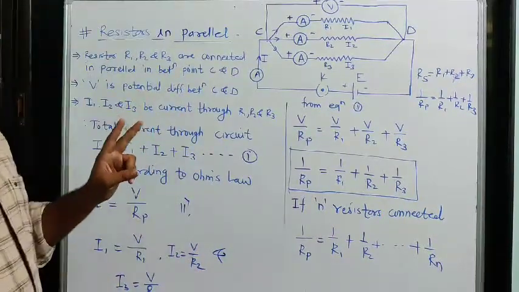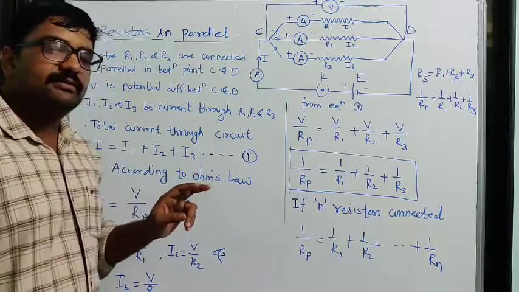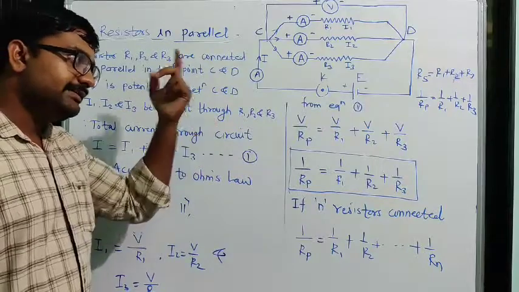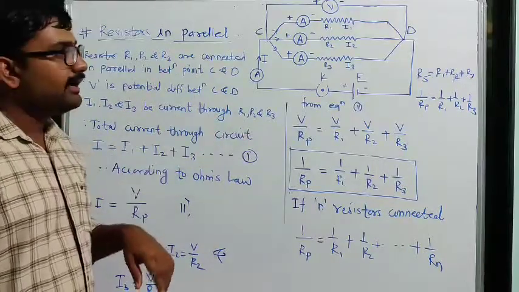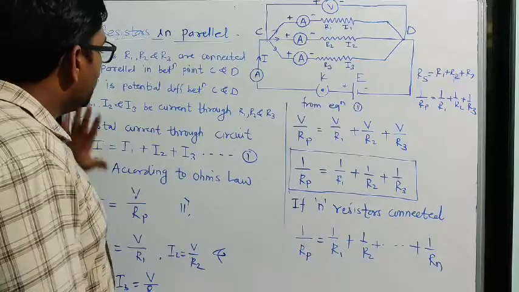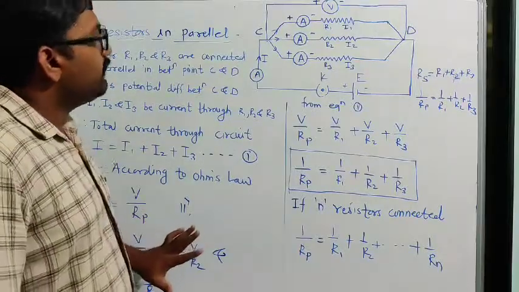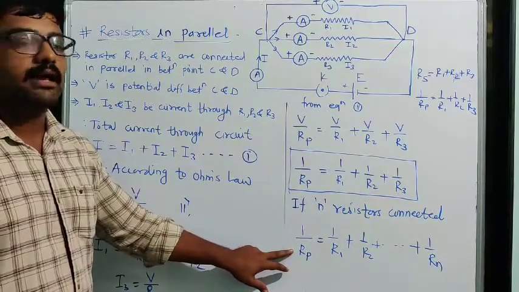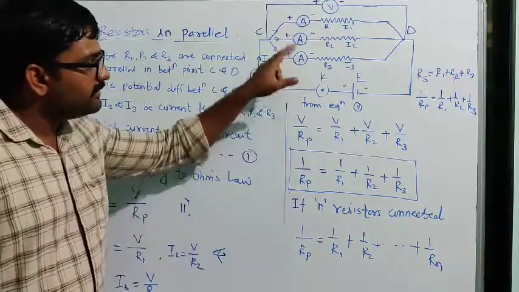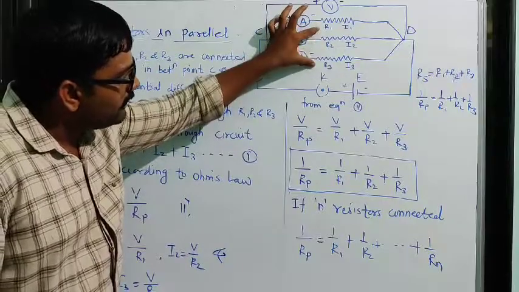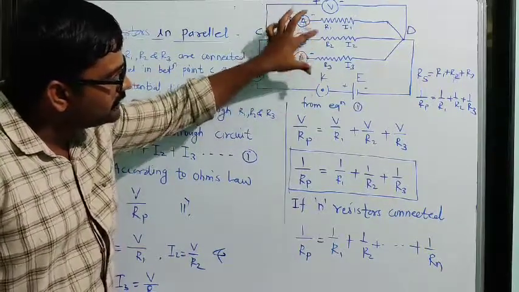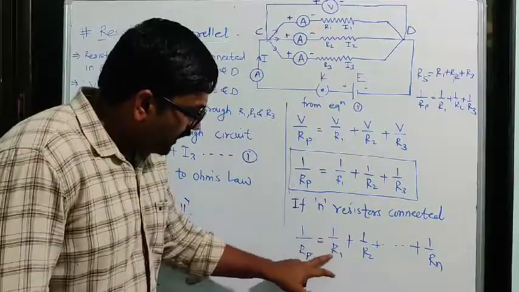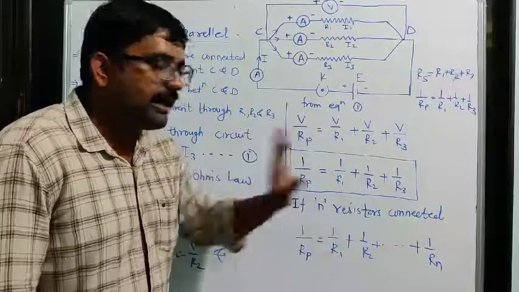So there are two types in which we can connect resistors: first is series connection, second is parallel connection. Here we saw the connection in parallel. The equivalent resistance of these three resistors R1, R2 and R3 connected in parallel will be 1 by R1 plus 1 by R2 plus 1 by R3.